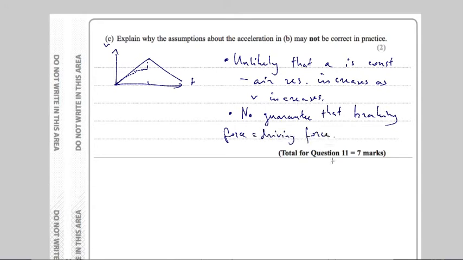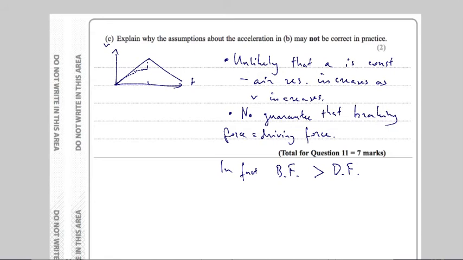In fact, most likely the braking force is going to be larger than the driving force because we need to be able to stop over as small a distance as possible for safety. So in fact, braking force is probably higher than driving force. So there we go, 2 points challenging the two main assumptions of the previous parts of the question.